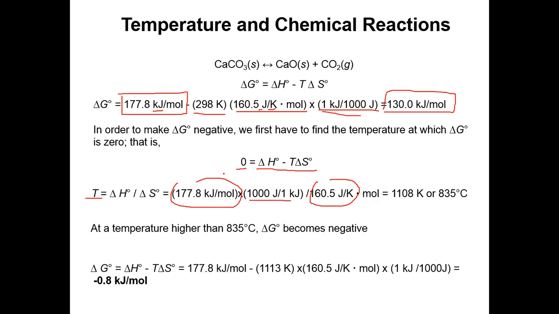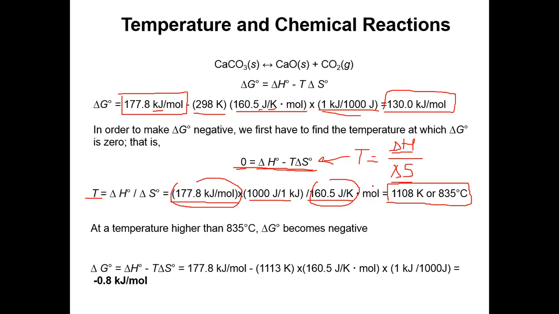So from here, T is delta H divided by delta S, according to this equation. It's just the same thing. Then let's put in what we have for delta H and delta S. So 177.8, then 160.5. And we found the temperature is this.